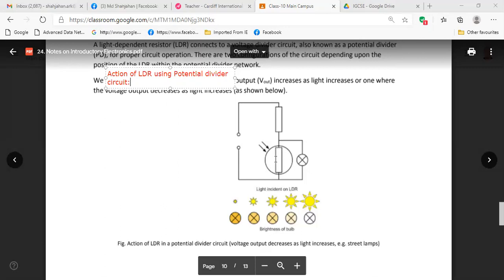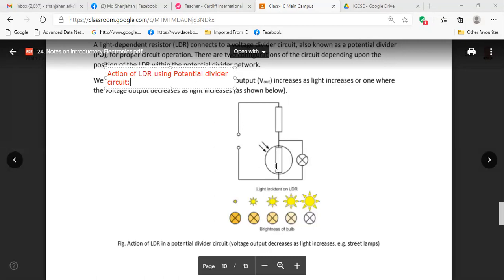Like the thermistor, if temperature is less, resistance is more, it's almost similar. One is for temperature, another one is only for light. That is the difference. So if light is less, then more resistance here, right?